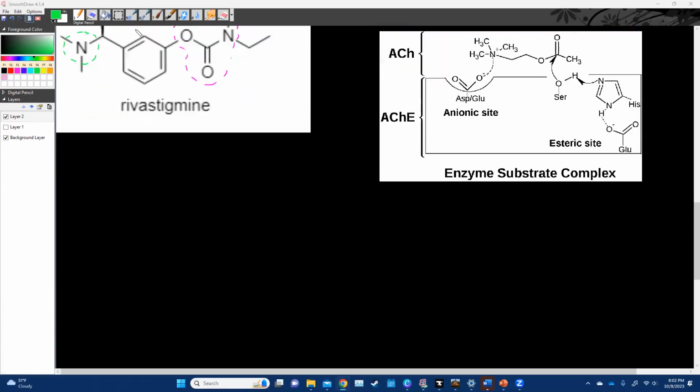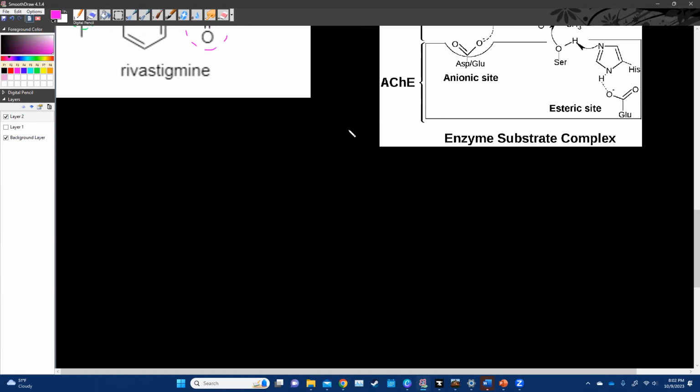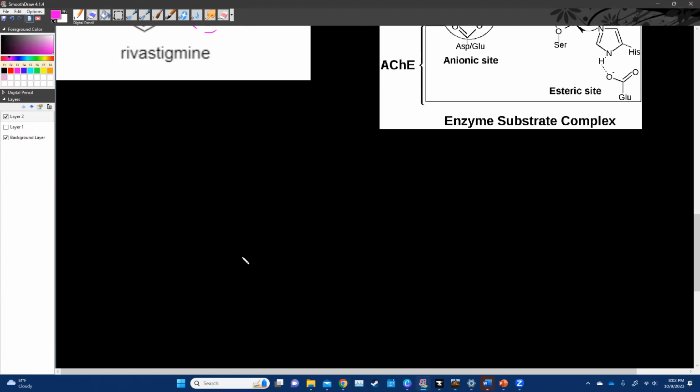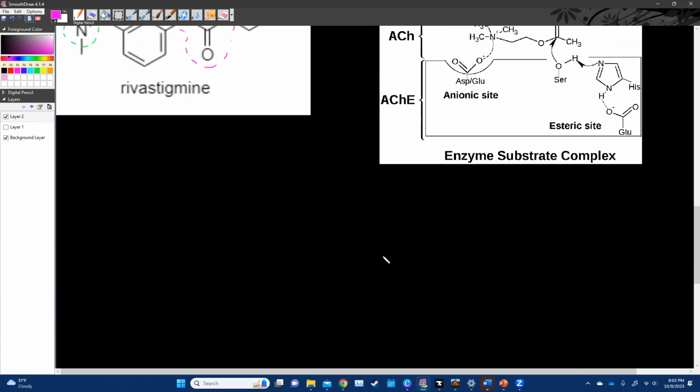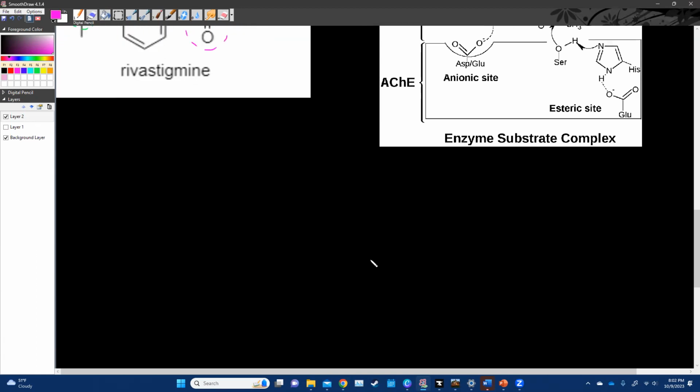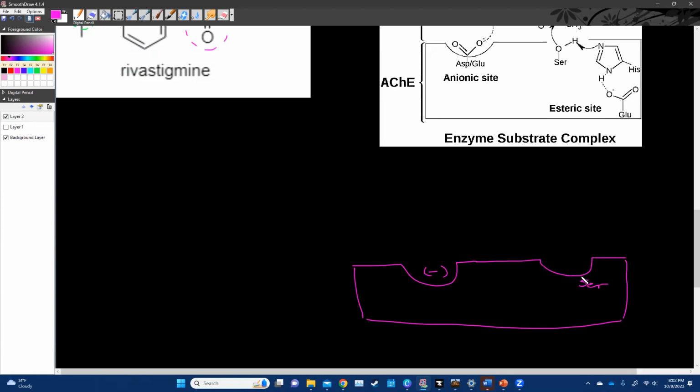I'll draw it. So what ends up happening with our acetylcholinesterase inhibitors is that they have something very similar where they're going after that serine site. So here we have our anionic site. And here we have our serine and its OH group that's coming out.